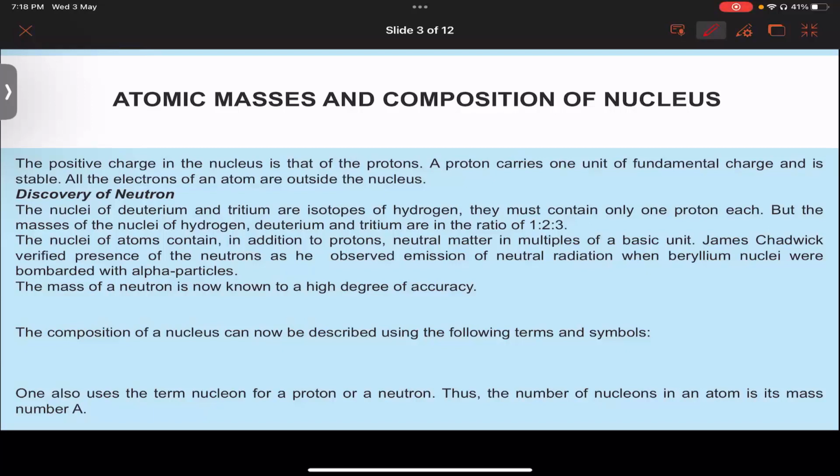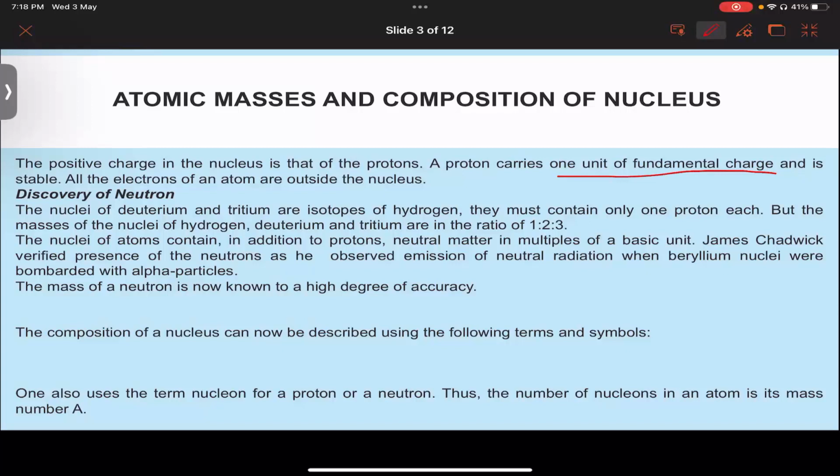The proton that we see in a nucleus carries 1 unit of fundamental charge, and it is stable, and all of the electrons are outside the nucleus. After people found that you have isotopes, that there is one particular element with isotopes, and all the isotopes behave chemically similar but have different atomic masses.